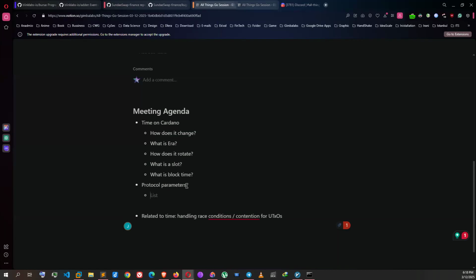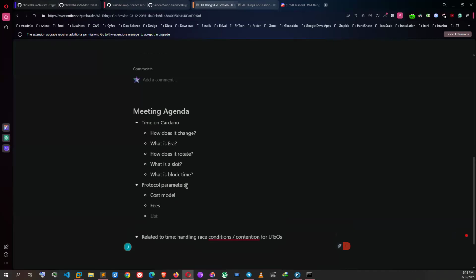Other than the fact that you can talk about how it matters to us as Go developers: cost models, what things are necessary out of the Genesis configs, how those things work in general, what they do, what they mean.